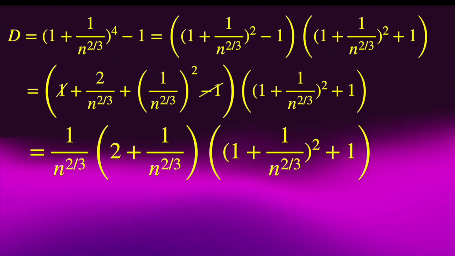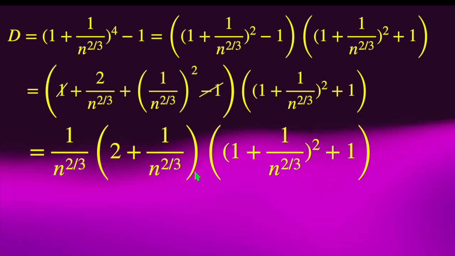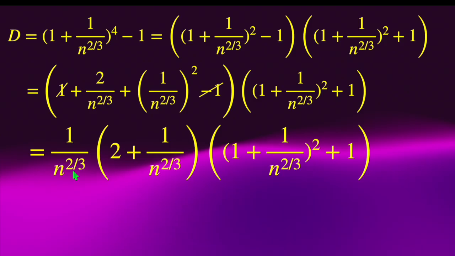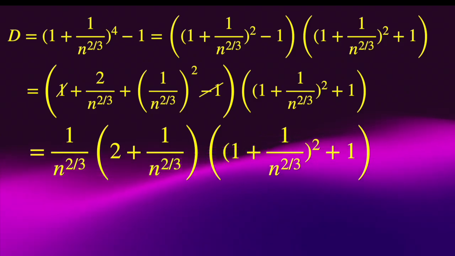So now we will leave the denominator in this form, because we have here n to some power, which will cancel when we compute the numerator.